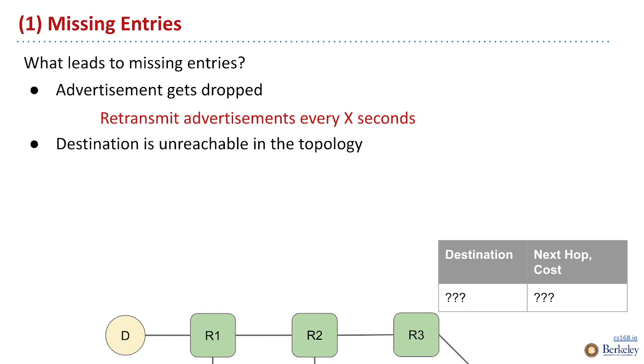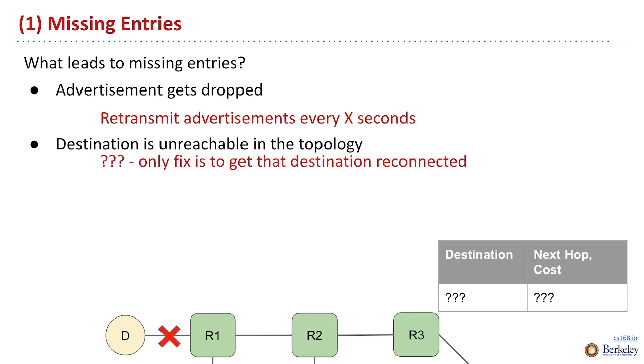How do we solve this advertisement getting dropped issue? What was it? Yeah. As long as we resend every certain number of seconds, right? As long as our link is not always dropping packets, it has some percent chance of making it, then if we just keep retrying, eventually the packet is going to make it. And so that works really well, actually. We just retransmit every X seconds.